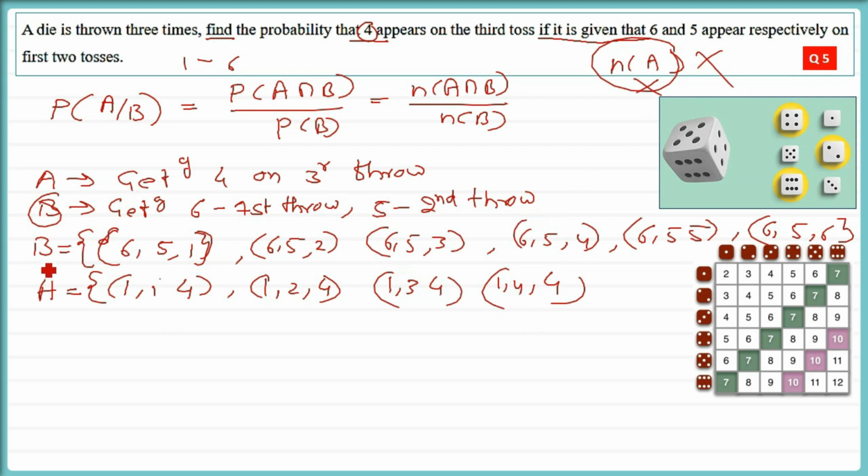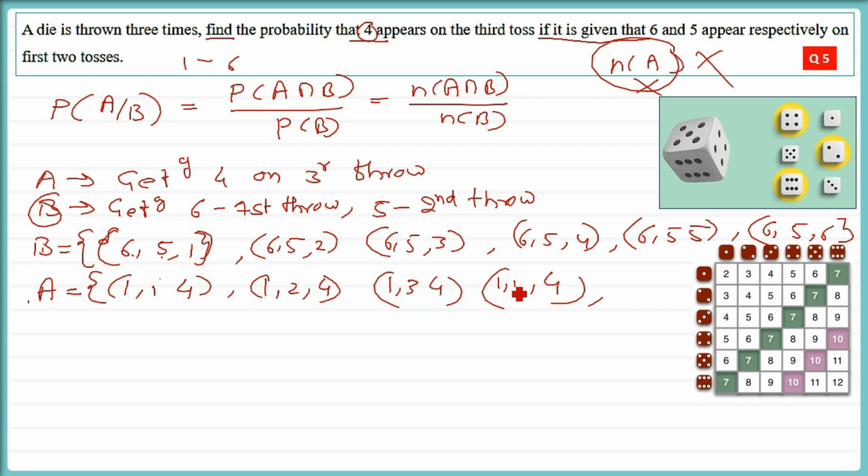We don't have to write all the members because we don't need to calculate the number of elements in this set. But we know that there will be an intersection because there has to be something common between A and B. But the intersection will be only from where this set will start with 6.